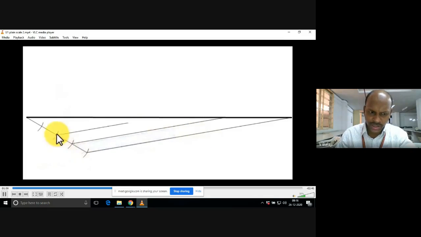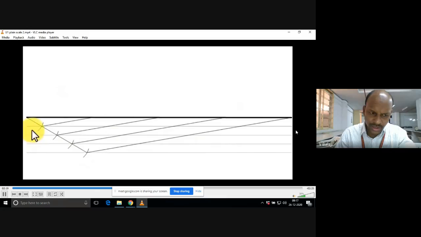You can even check with your compass or divider that all parts are equal. Now as I said, the plain scale has some width. That width has no importance, but you can take 2 centimeter or 3 centimeter width to show it as some scale.